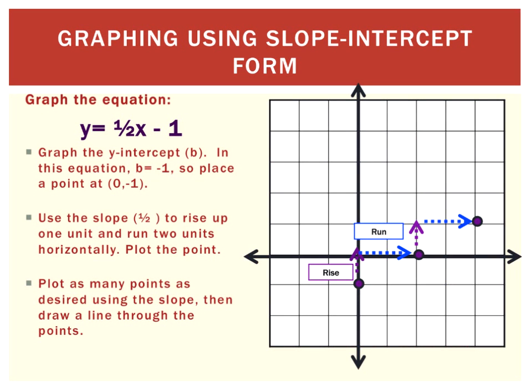So now if we look at graphing these equations when it's given to us in slope-intercept form, it's very nice. How I graph these is I start with the y-intercept, or our b value. And in this equation, b equals a -1, so I've placed a point at 0, -1. And that's that point right here. Okay, then I use my slope, in this case 1/2, to rise 1 unit and run 2 units horizontally.